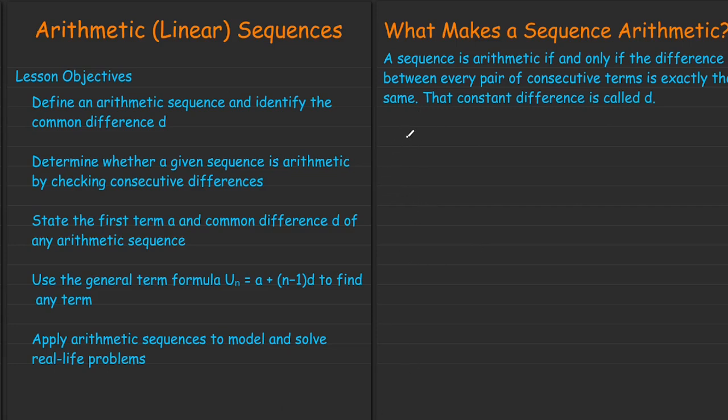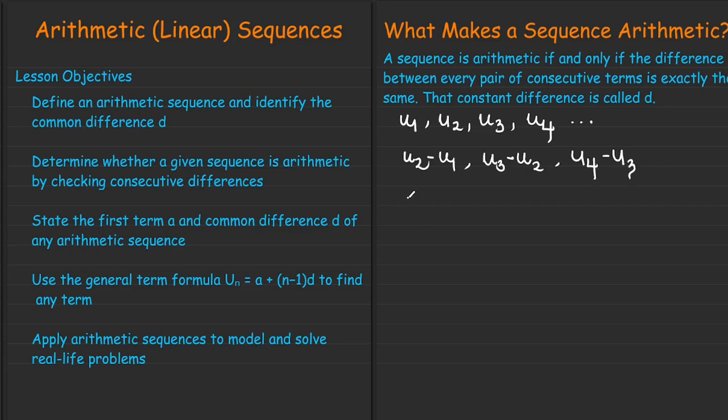To find this D, this is what we do. If you have your sequence displayed, that is your U1, U2, U3, the fourth term, and then it goes on, you would have to compute U2, that is the second term minus the first term, and then also compute the third term minus the second term, and also compute the fourth term minus the third term.